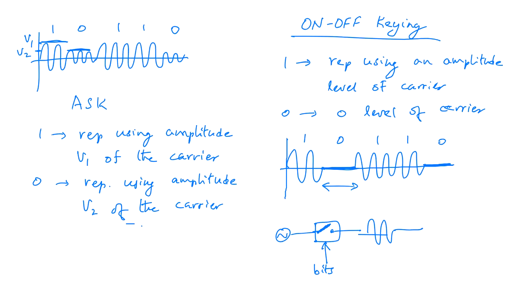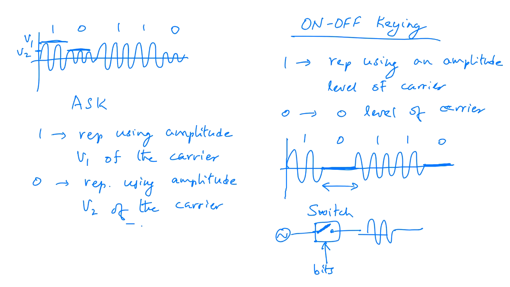The oscillator is needed anyway, whether you use ASK or on-off keying, but the implementation part requires a switch. Okay, so using the switch, you can produce on-off keying modulation.